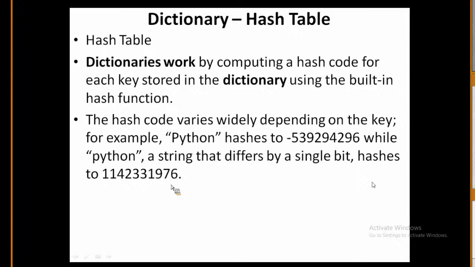So let's not get into how this number has come, because it has come by some function which Python has derived. What I mean to say is that different languages have their own algorithms to give the hash value. The keyword could be a string, it could be numbers, it could be anything else, but those keywords are given as a parameter to the function, and the function is going to result into one value.